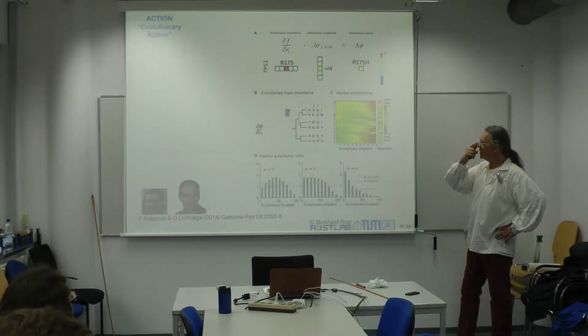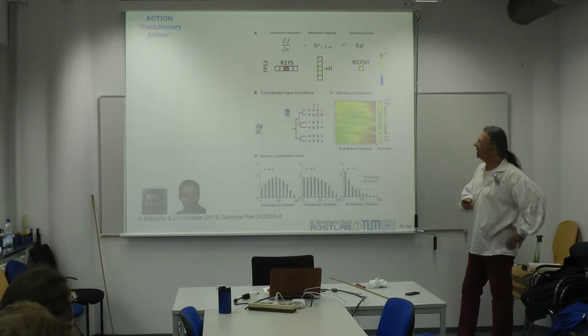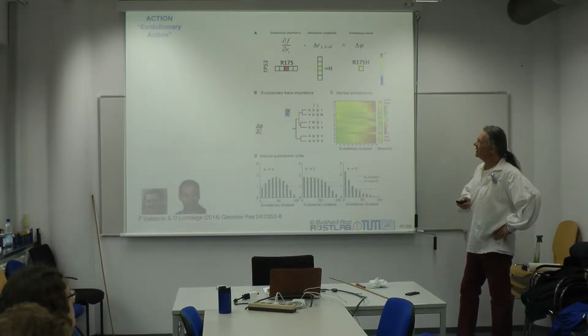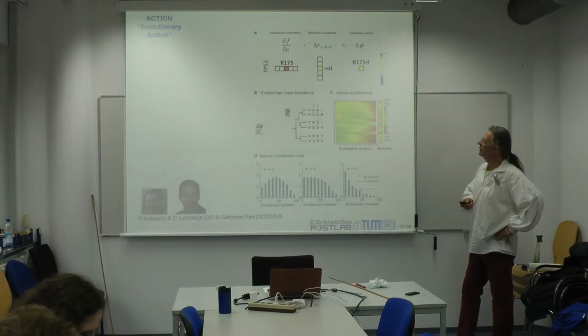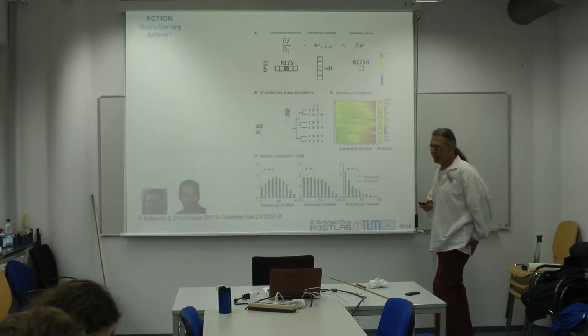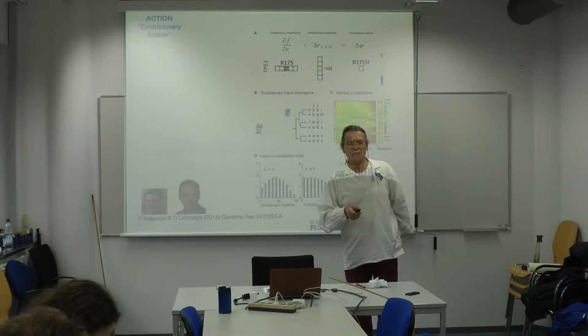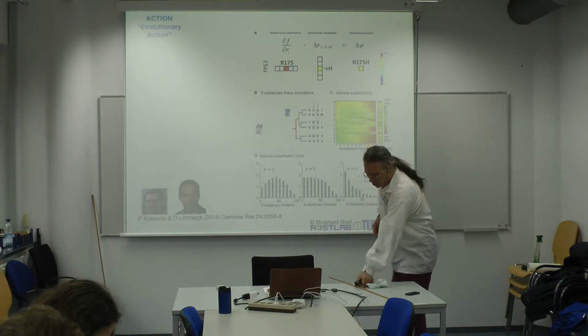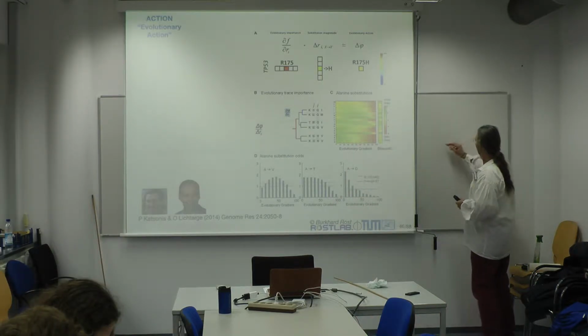Here's an evolutionary action. That's the Olivier Lichtarge. So this is essentially, and I'm not sure why I didn't write the formula. Ultimately, there's a method underneath which is called the evolutionary trace method. The evolutionary trace method looks at trees.